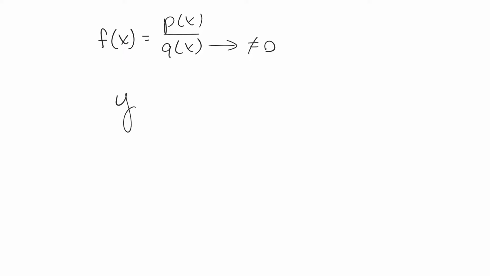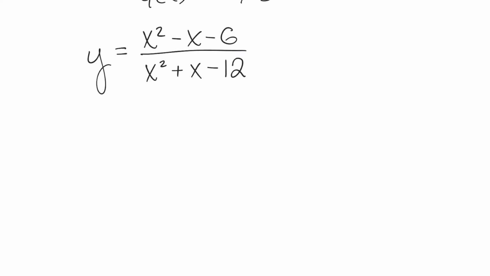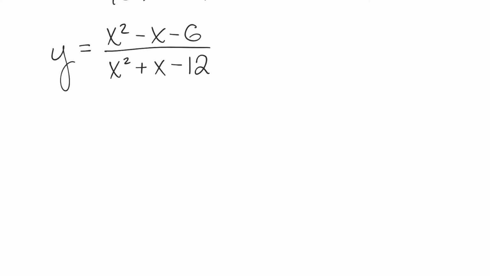So let's look at something that looks like this. Let's say we've got y equals x squared minus x minus 6 over x squared plus x minus 12. All right, so first of all, we've got quadratic functions in here, which is fine. What do we know immediately?